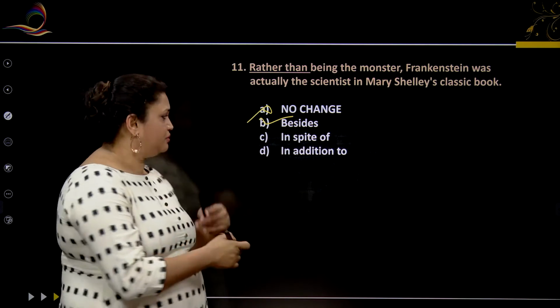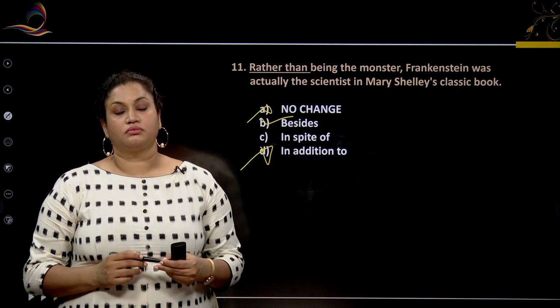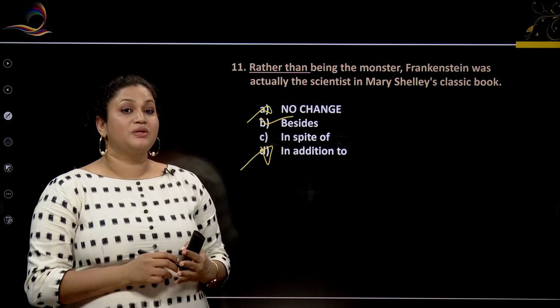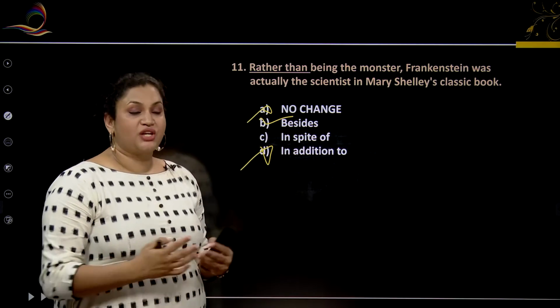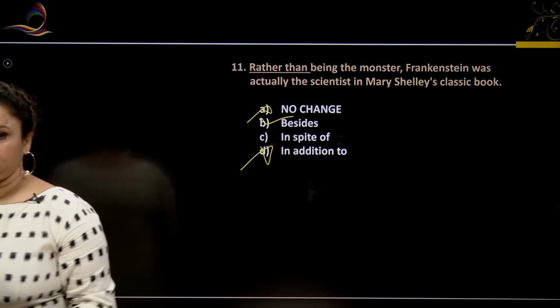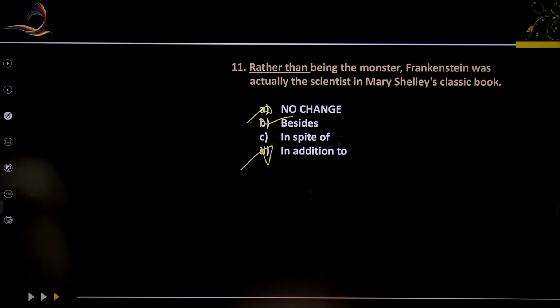In addition to, in spite of being the monster, Frankenstein was actually the scientist in Mary Shelley's books. Sounds good. Let's check which one to pick up. Which one does sound better?